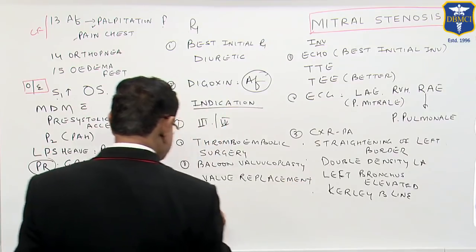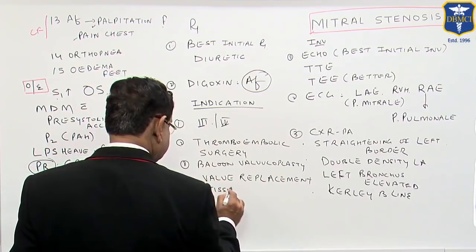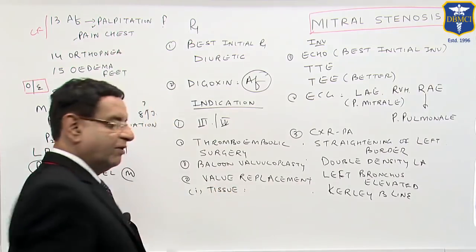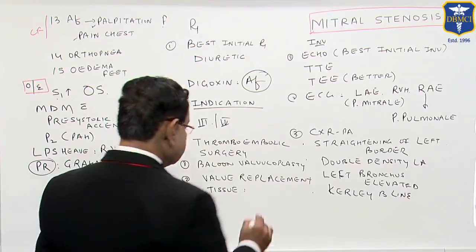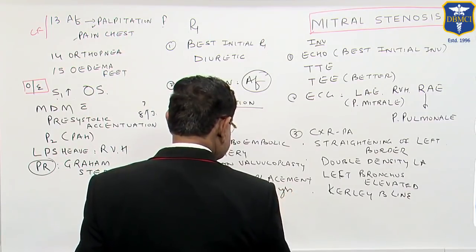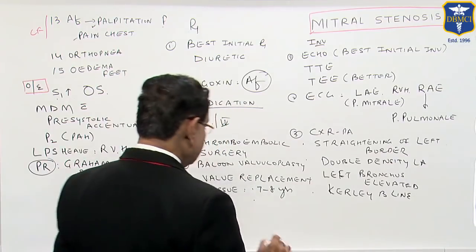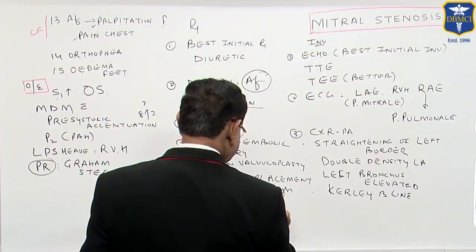We have two types of valve. One is the tissue valve. Tissue valve life is about 7 to 8 years, but the advantage is you don't need any oral anticoagulant.